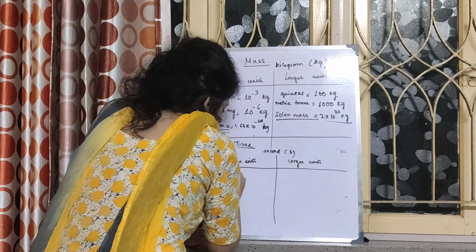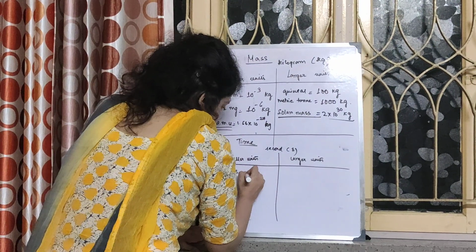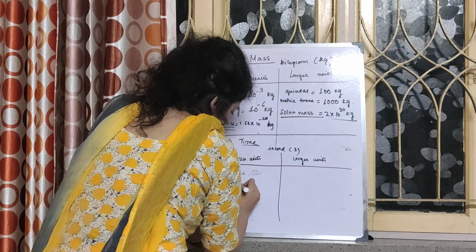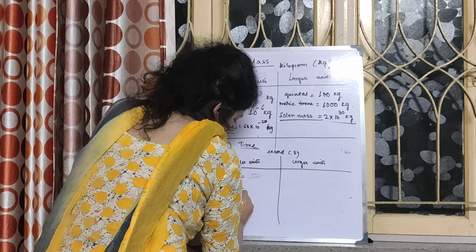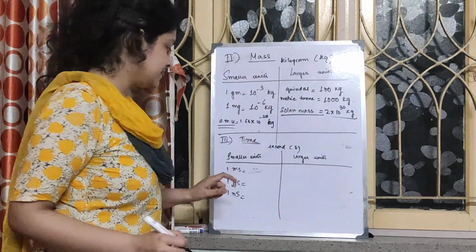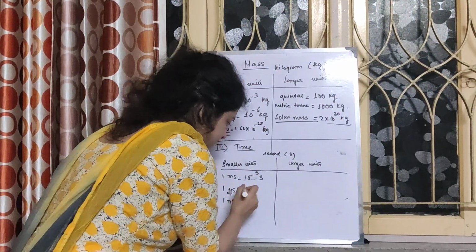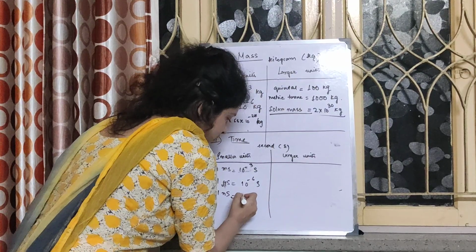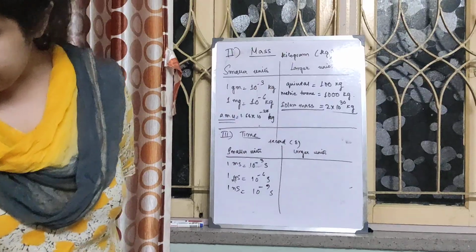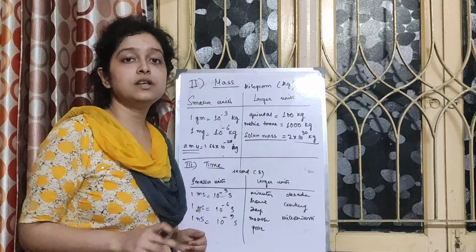For example, 1 millisecond is 10 to the power minus 3, microsecond, 10 to the power minus 6, nanosecond, 10 to the power minus 9. Okay. Now, see, these are the smaller units, and what about the larger units?